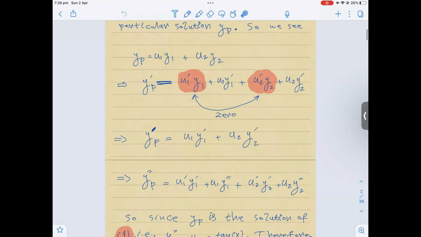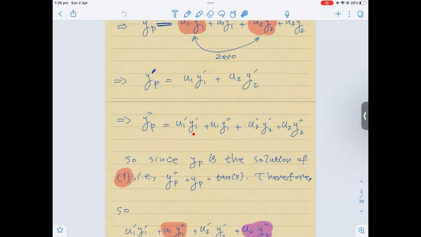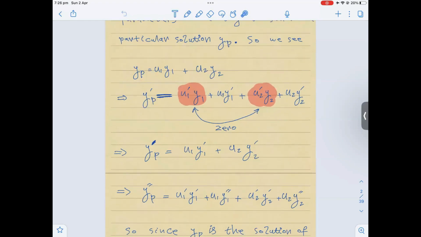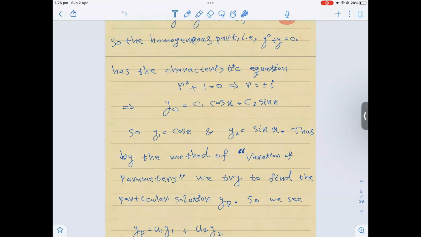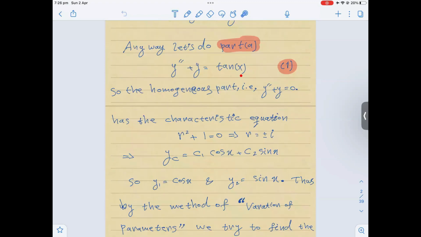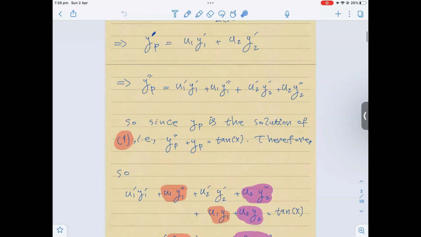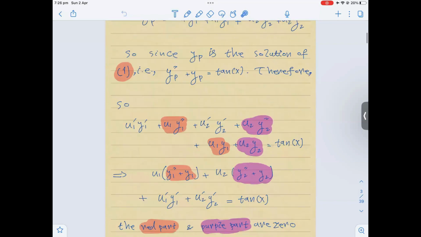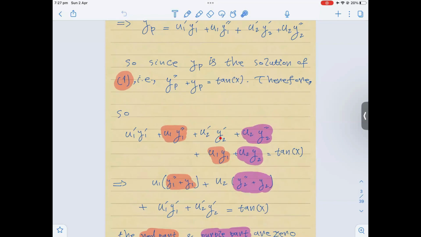Yp double dash is this expression, with u1 prime y1 prime and so on. And from here, we are going to substitute yp double dash and yp into the original ODE, the non-homogeneous one. So this is yp double dash, these four expressions, plus yp is this expression.